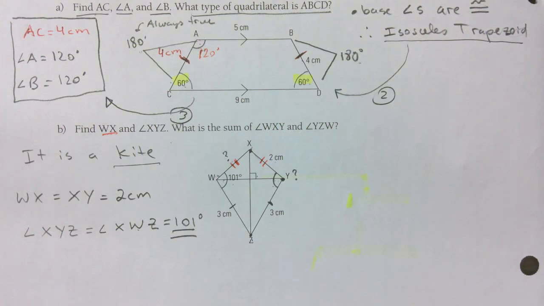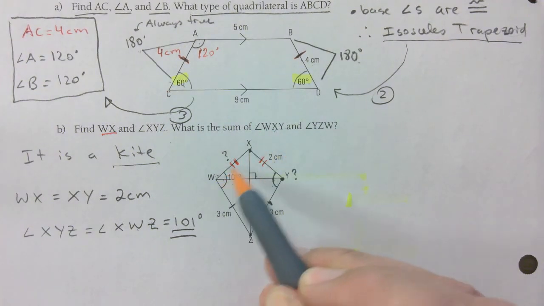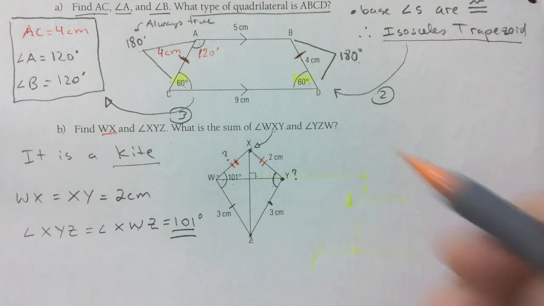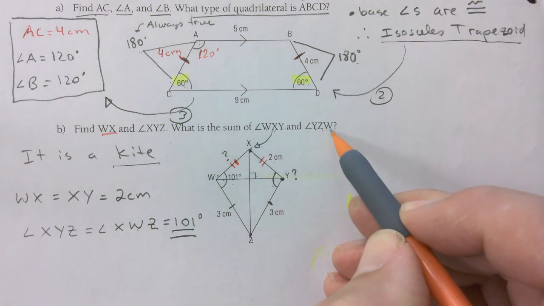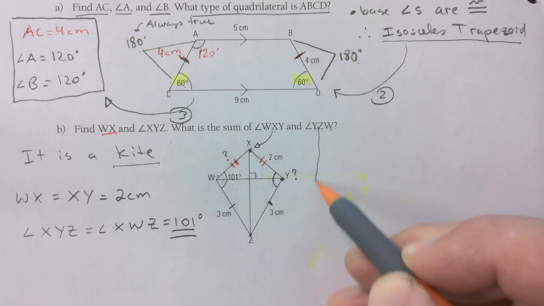So it's 101. And what's the sum? This one, I don't like this question, but I think it's beneficial to maybe look at it. WXY, so WXY, it's this angle right here. And YZW, if you just follow it, YZW is this one right here.